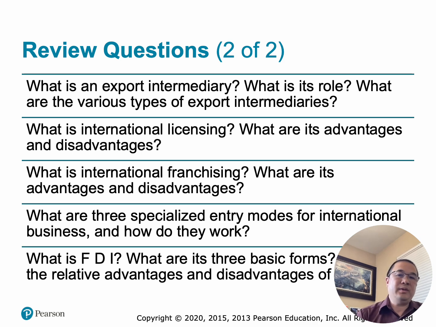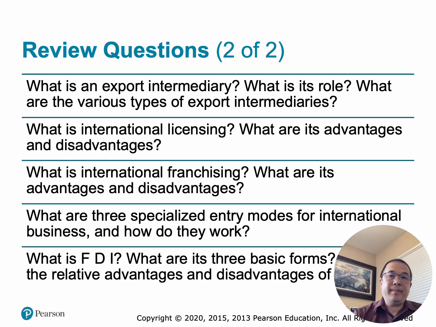These are the types of export intermediaries. So, export management company. This acts as an export department for a company. It may work on commission or purchase products for resale. The export trading association. This is an association of firms in the same industry that cooperate in exporting.